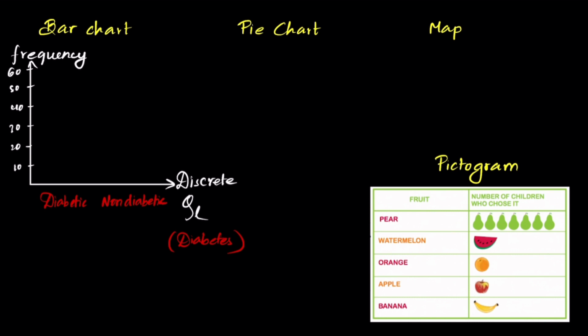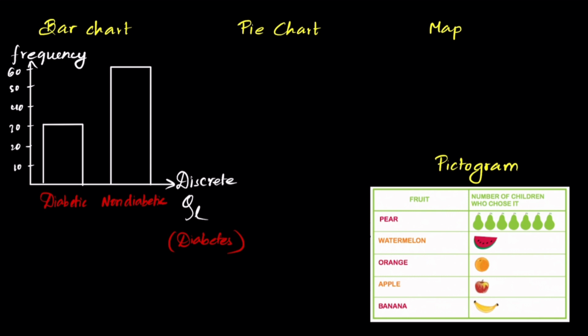Upon statistical examination of a particular place or a particular hospital or a particular city, it was found that 30 people are diabetic, while 60 people are non-diabetic.